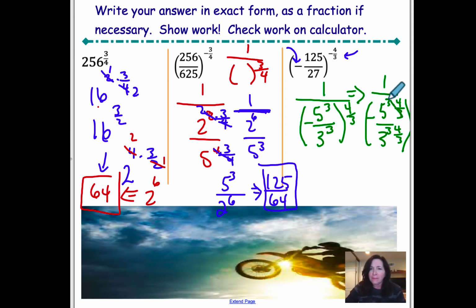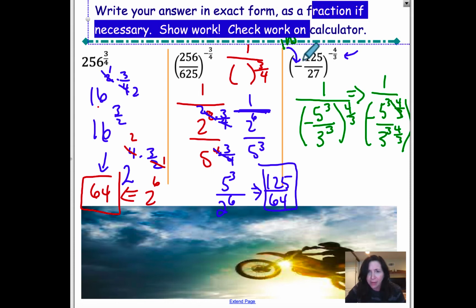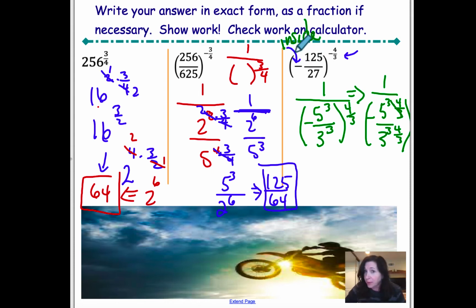So now it's the opposite of 5 to the 4th, but that value, look at that, inside my parenthesis is not outside my parenthesis, it's inside. So that means that whatever that value is, it's like that times that times that times that, right? So it's 4 times.